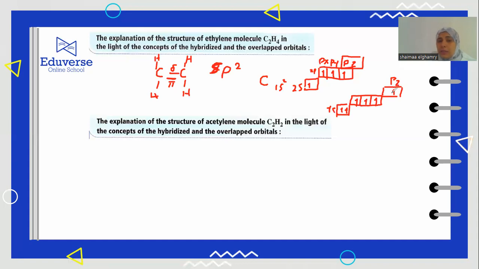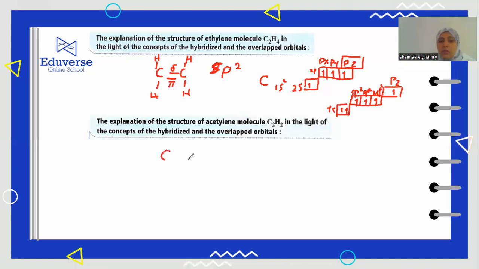So this pz is going to overlap with pz of the other carbon atom, side by side to form a pi bond. Here we have 3 sp2 hybridized orbitals. Each of them will form a sigma bond with 2 hydrogen atoms and 1 sigma bond between the carbon-carbon atoms.